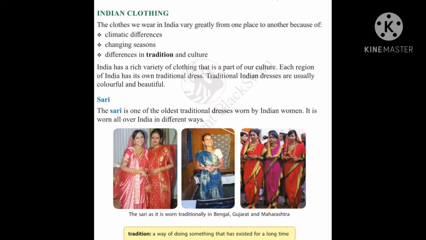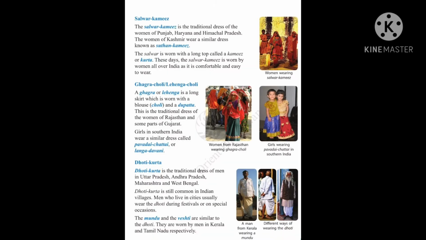First one, sari. The sari is one of the oldest traditional dresses worn by Indian women. It is worn all over India in different ways. Next is salwar kameez. The salwar kameez is the traditional dress of the women of Punjab, Haryana and Himachal Pradesh.